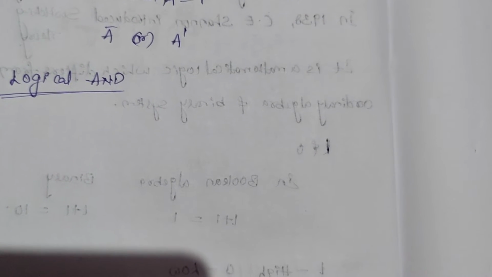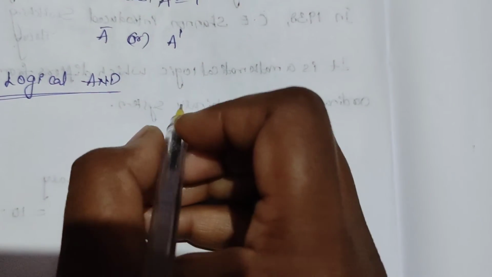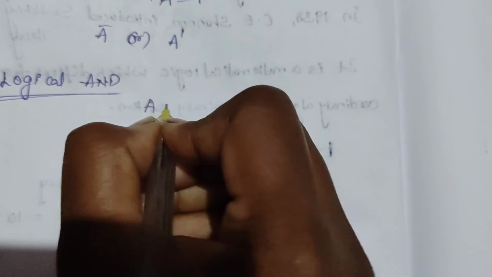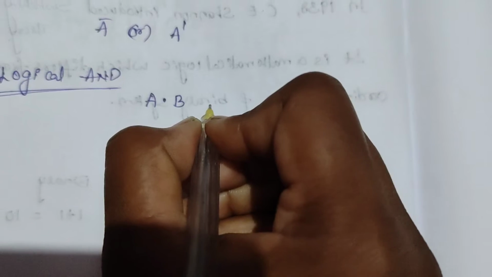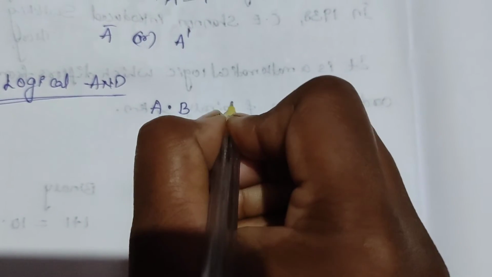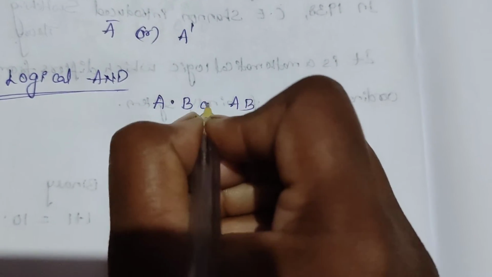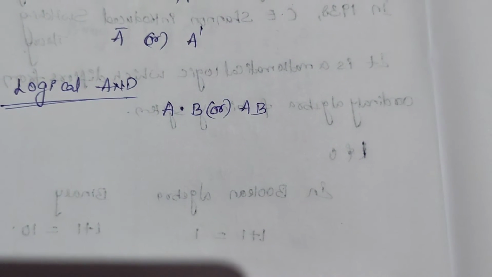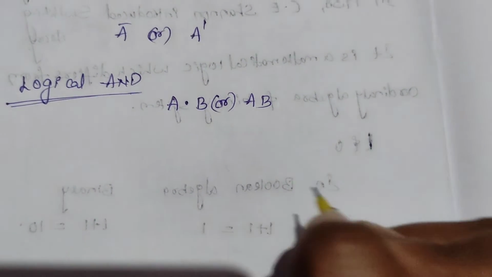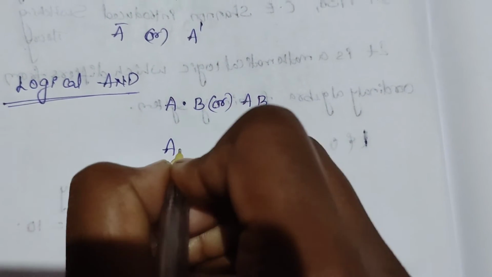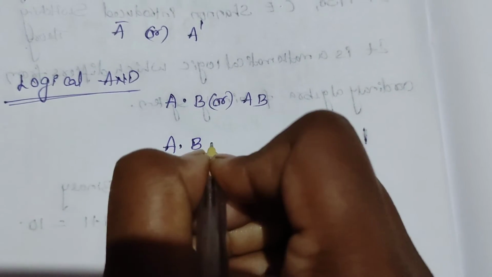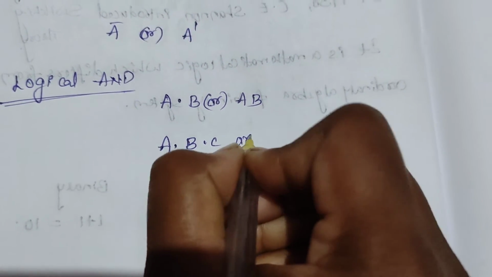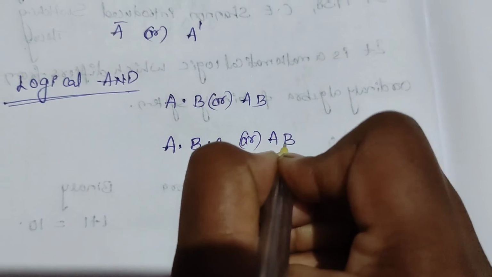Logical AND operator between the two variables is denoted as a dot b, or simply can be written as ab, which does the multiplication operation. And with the three variables, it can be denoted as a dot b dot c or abc.